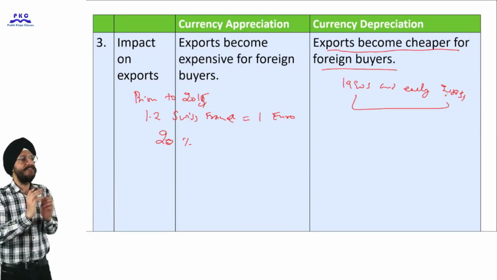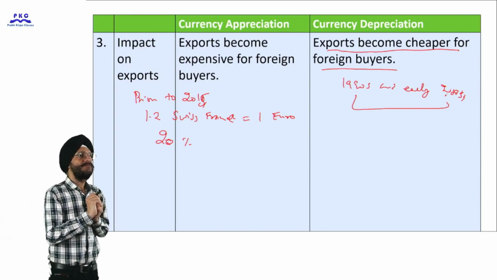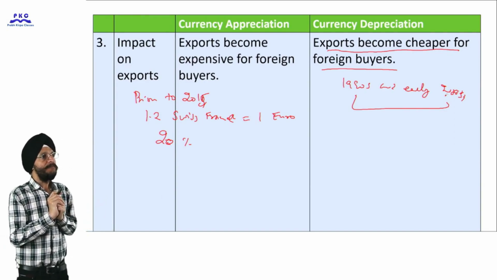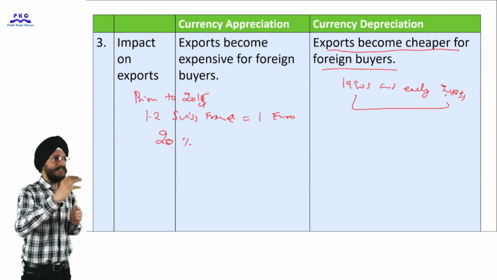So the depreciation in the value of domestic currency of Japan helped in increasing the exports.